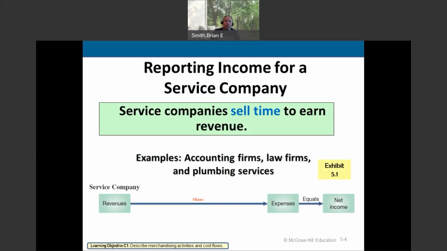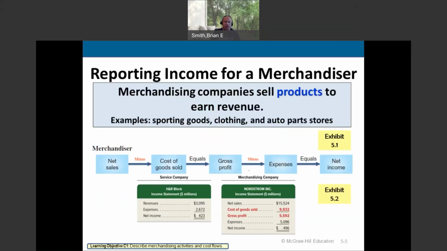But like the slide says, we're selling time. We're selling our talents, basically. We have accounting firms, law firms, and to some degree plumbing services, because a lot of times plumbing services will also sell their products to help, hey, we'll install this for you with our stuff, and then you're buying their products. But a merchandiser does things a little differently.